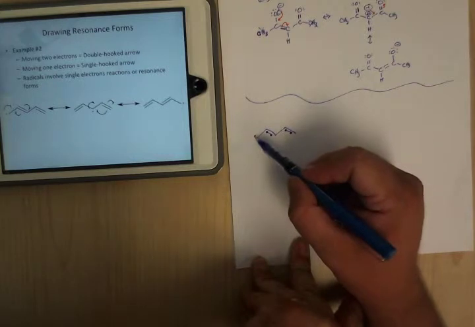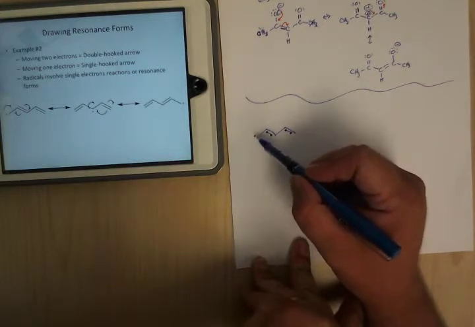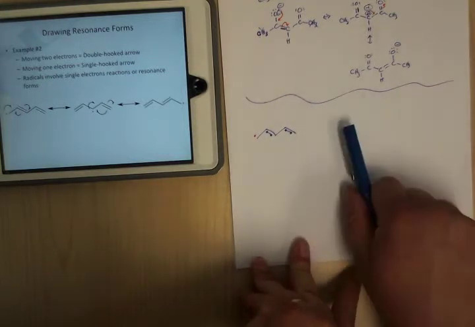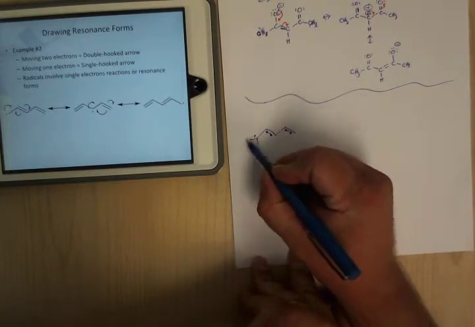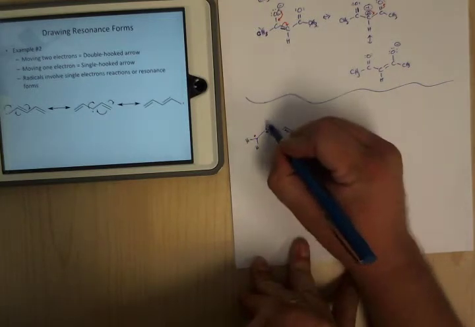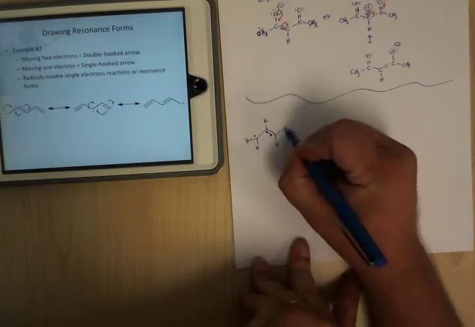So this one doesn't have a lone pair, but it does have an extra electron. So if we wanted to make a new bond here, remember this one only has, right here, let me draw on the hydrogen so it's a little bit easier to see.